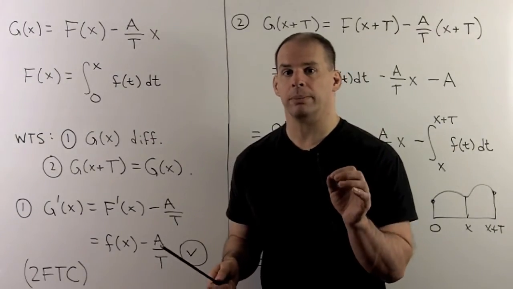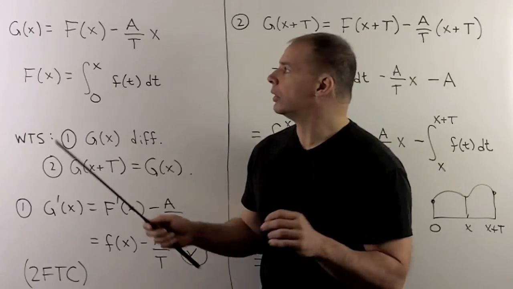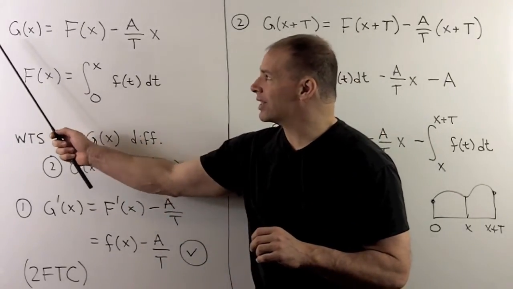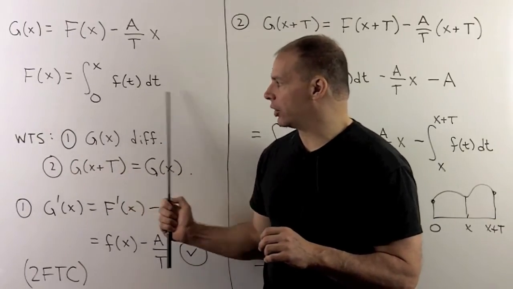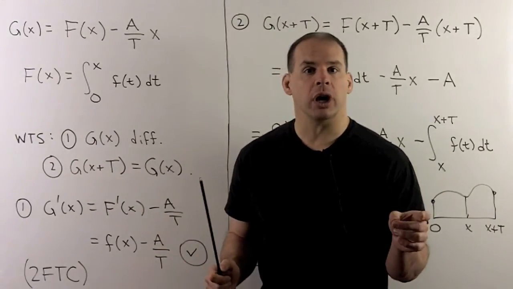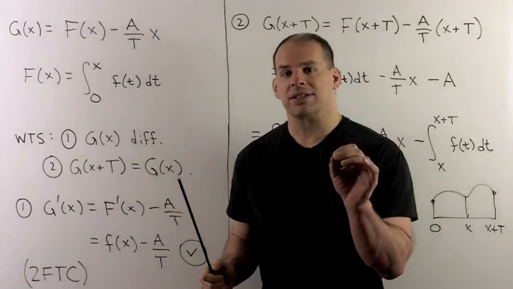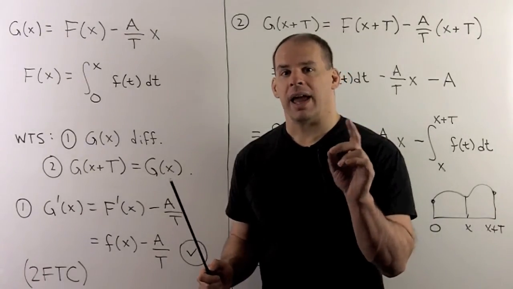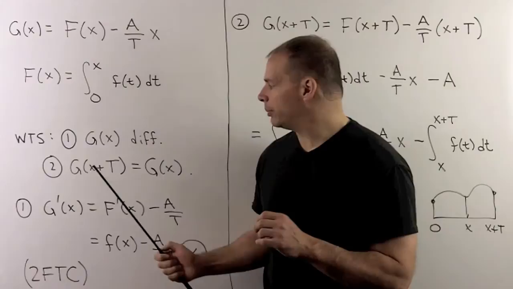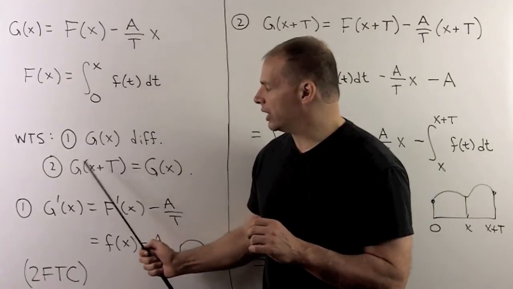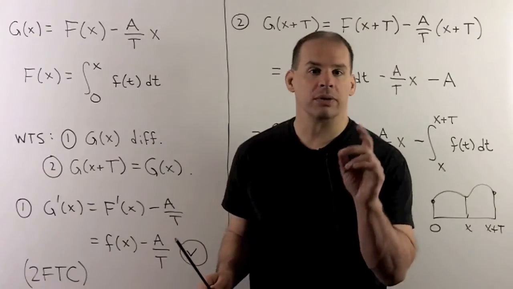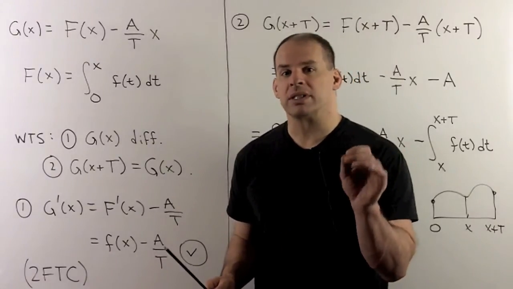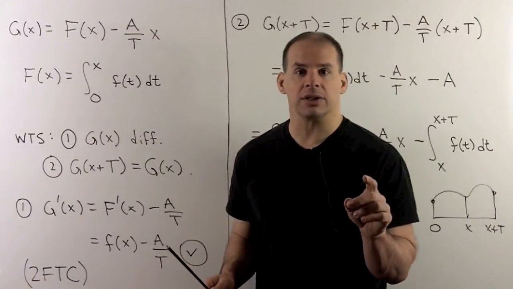Let's show our result. Recall, we're defining g of x this way, where capital F of x is defined by this definite integral. And we want to show that g of x is differentiable and that g of x is periodic with period t, so g of x plus t is equal to g of x. For the first part, we invoke the second fundamental theorem of calculus.